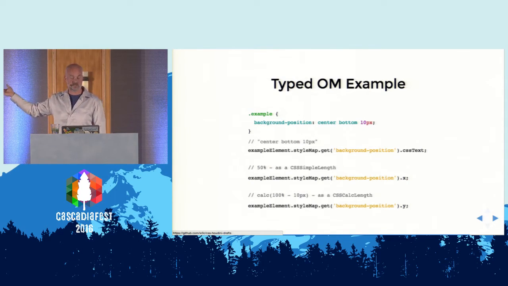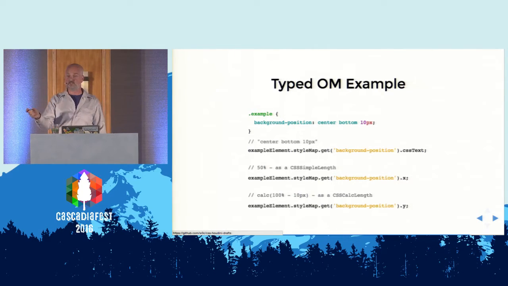So hopefully, something like this, where you get a background position value that has components, like a length. The center is actually just a 50% length. The bottom 10 pixels is a length that happens to be a calc. We give you back a calc object that has itself a couple components that you can drill into and find the 10 pixel value.